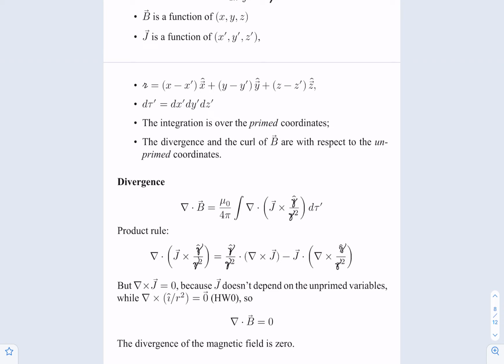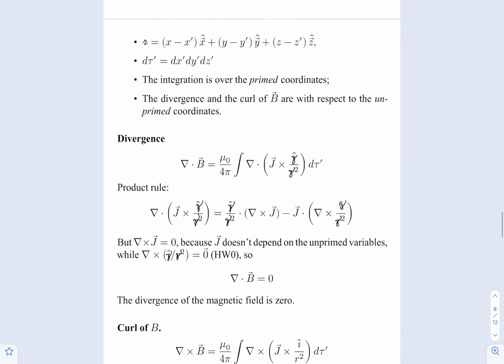So all this should be curly r. Here we simply move this del inside of this integral, and because of this, we can use a product rule to evaluate this del dot J cross curly r hat.